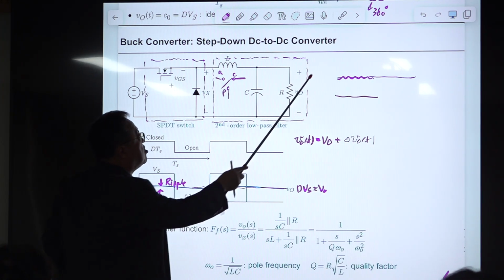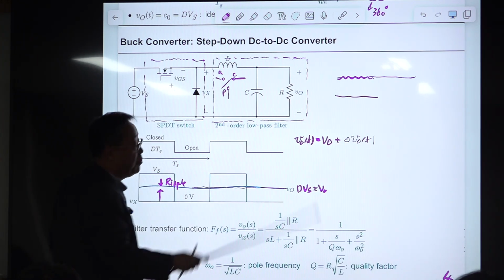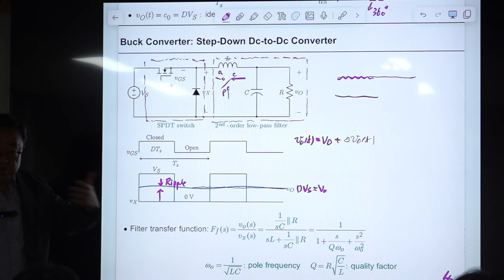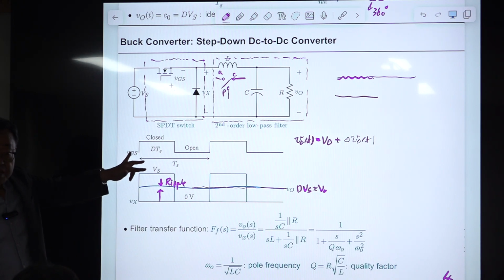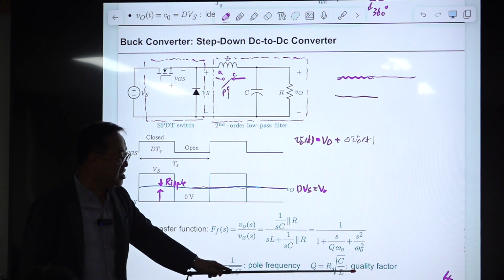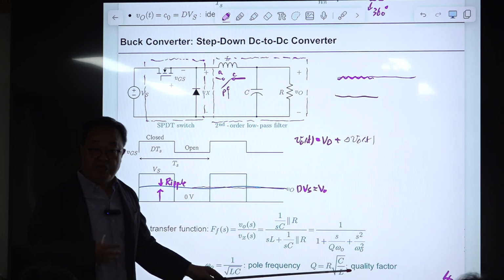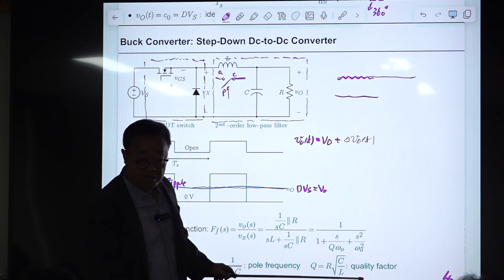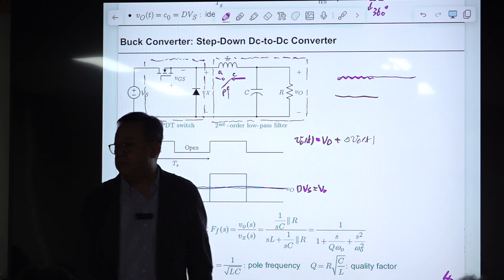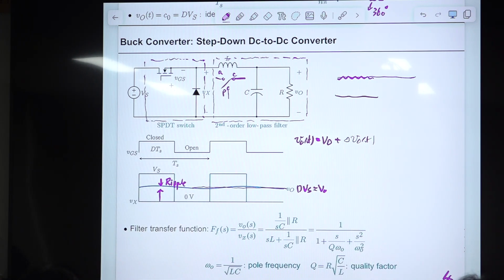If this resistor is missing, the quality factor becomes infinity because there is no power consumed. This definition is very important in resonant power conversion, but we are not interested in it that much. It's just called the quality factor.